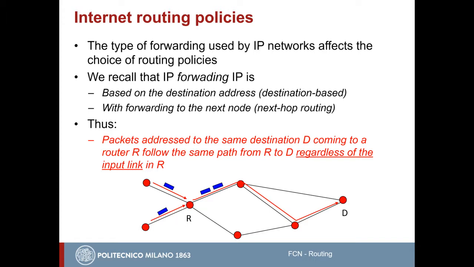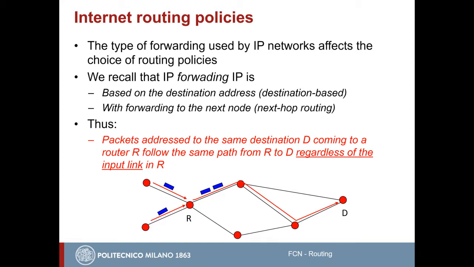So we know already that in the IP protocol, forwarding is based on two aspects. First is the destination address, so it's destination-based forwarding. The second aspect is next hop routing. Each time a packet arrives into a node, the node only knows the next stop in terms of forwarding function, where to deliver the packet.